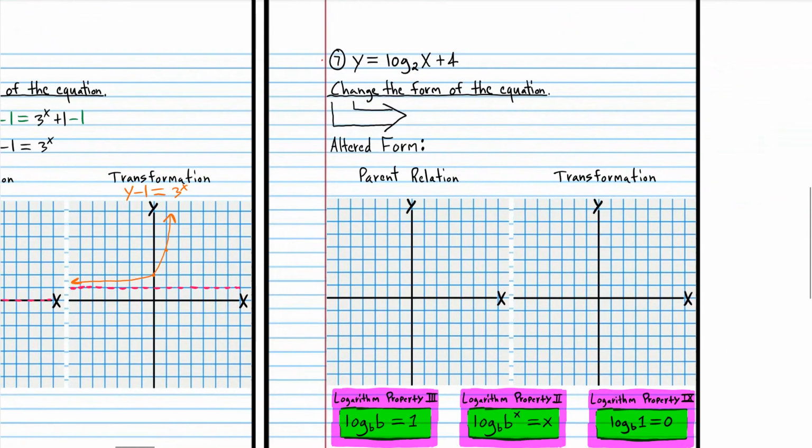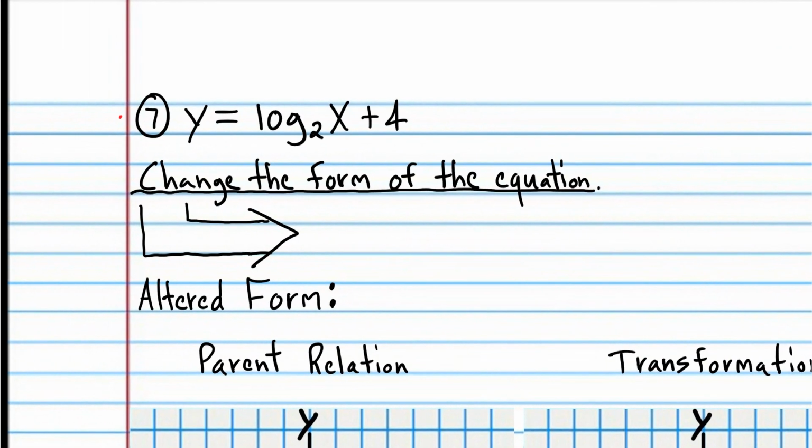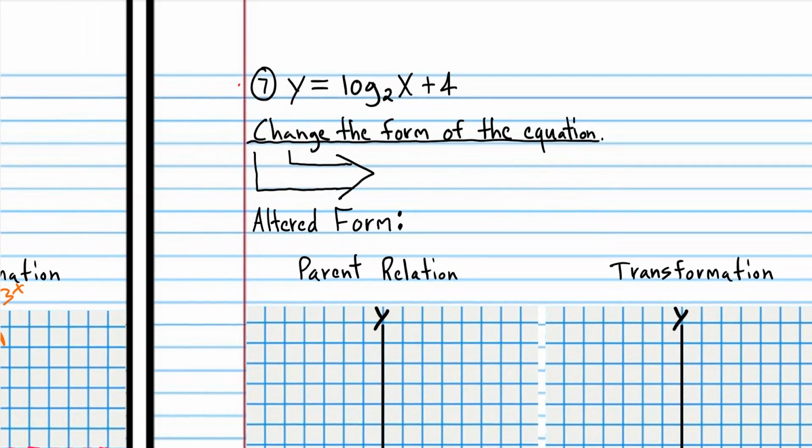So now let's try number 7 together. Now, this is a source of potential problems. A lot of students will look at this and they'll say, well, we're adding 4 to x in this equation, so we just take the parent graph, which is the graph of y is equal to log base 2 of x, and move it to the left 4 units, because we're adding 4 to x.